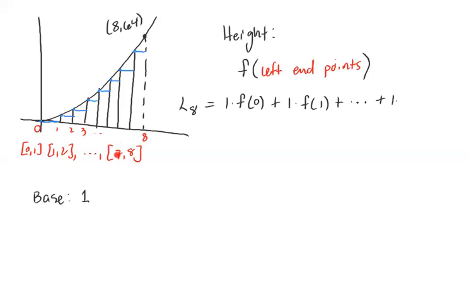So I need f of 7 as the height of my rightmost rectangle. So I need to find what f of 0, f of 1, etc.